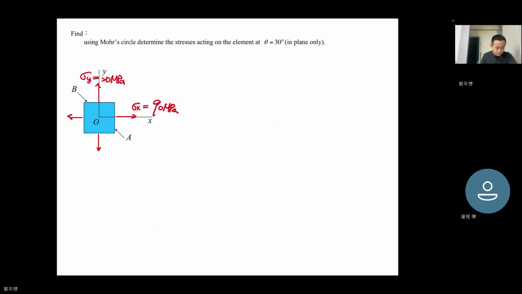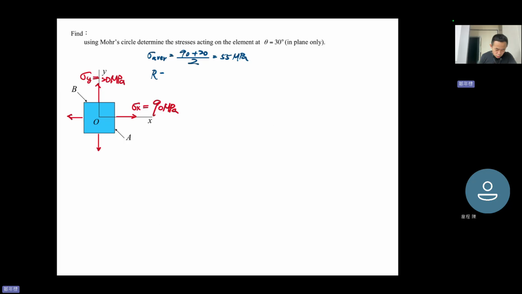All right. So let's draw the Mohr circle. Sigma average, we set the center at the beginning: 90 plus 20 divided by 2, 55 MPa.